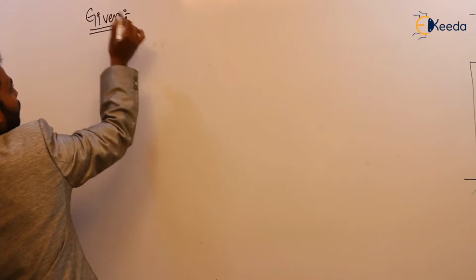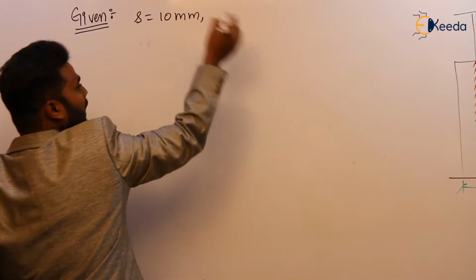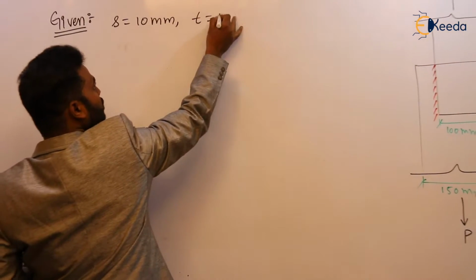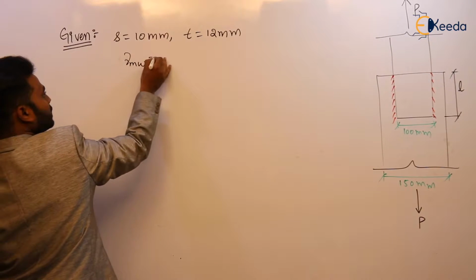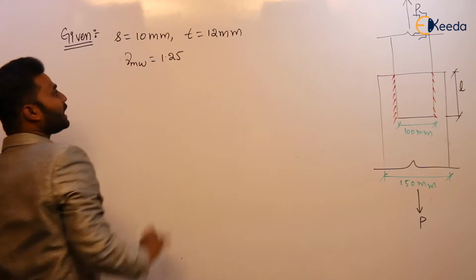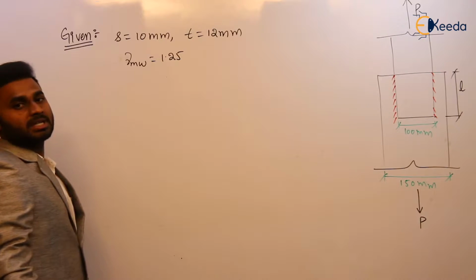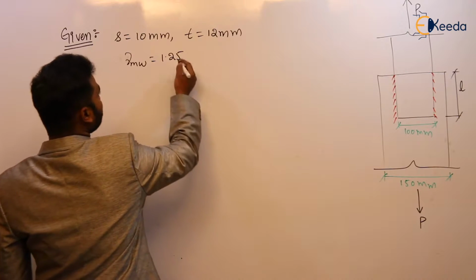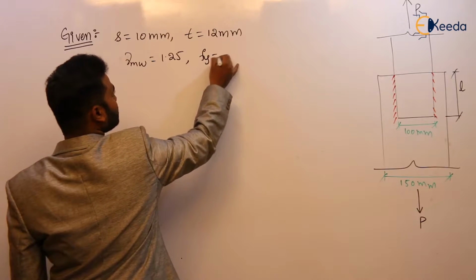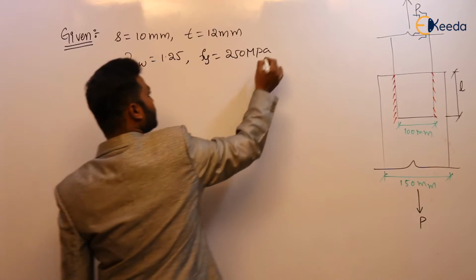The size is given: S is equal to 10 mm. The thickness of the plates is 12 mm. And gamma MW is 1.25. We have to find that length by using limit state method, IS 800 2007. Now Fy is given, 250 MPa, and Fu is also given.